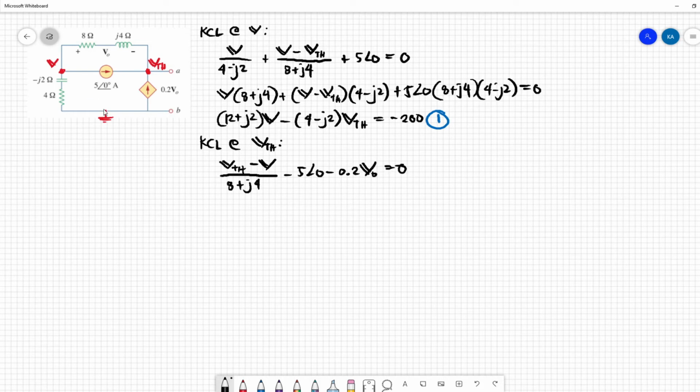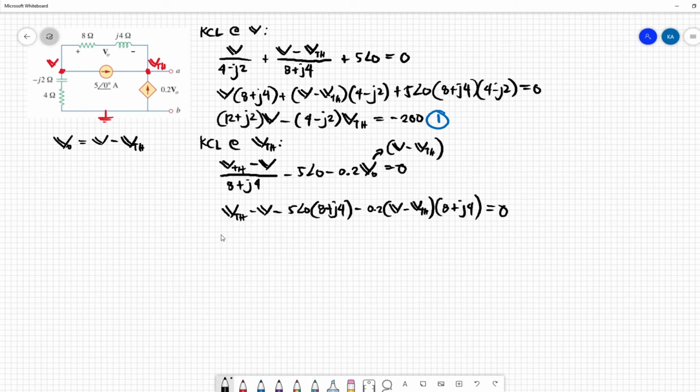Looking at the circuit, VO is just equal to V minus VTH. Now multiplying the equation by 8 plus j4 and simplifying, we have our equation number 2.